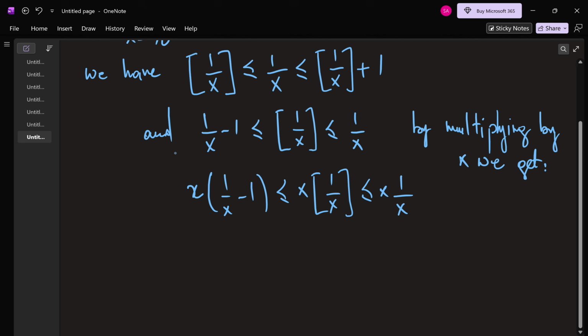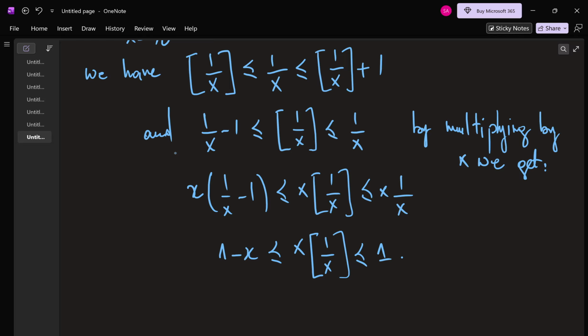So I distribute x over 1 over x minus 1. I get 1 minus x is less than x times the floor function of 1 over x, which is less than or equal to 1. Now we will calculate the limit when x goes to 0.